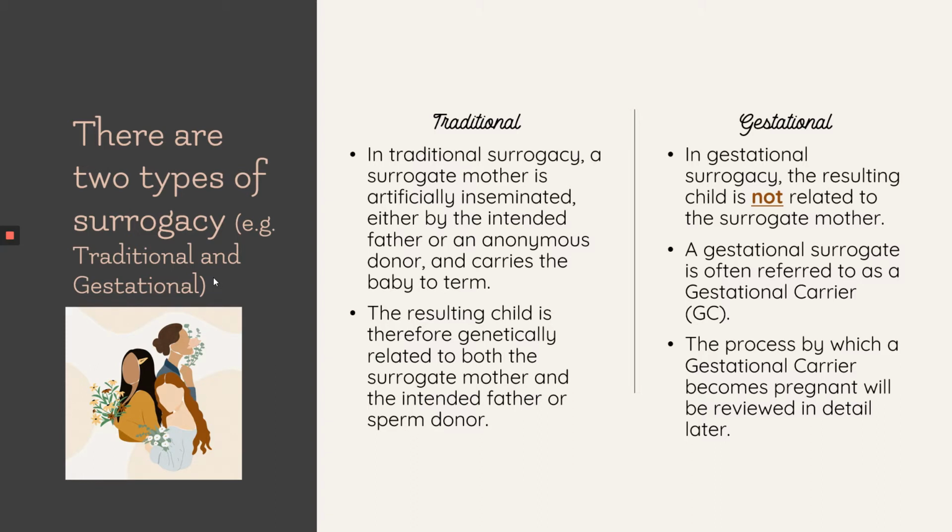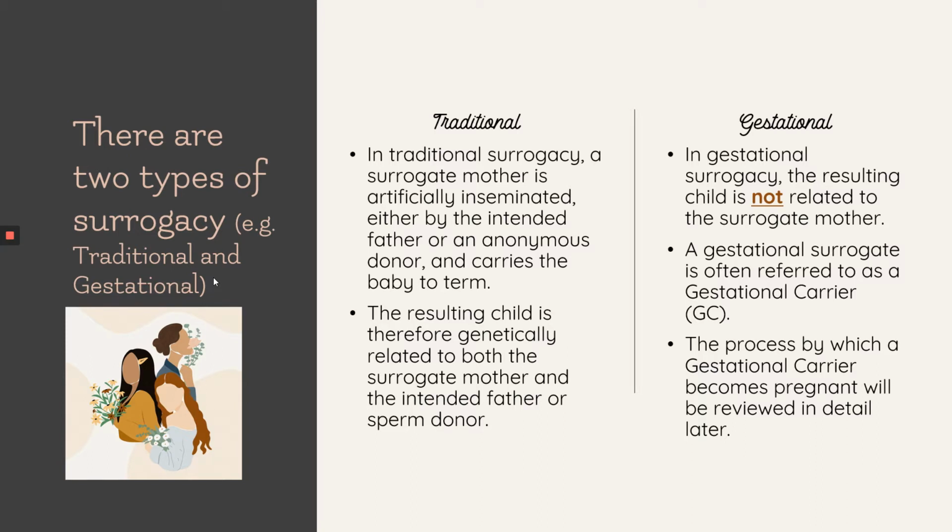In gestational surrogacy, the resulting child is not related to the surrogate mother. A gestational surrogate is often referred to as a gestational carrier, but you will see the word surrogate used for both interchangeably. The key differences are traditional and gestational. Also in gestational surrogacy, the process by which the gestational carrier becomes pregnant will be reviewed a little bit later.